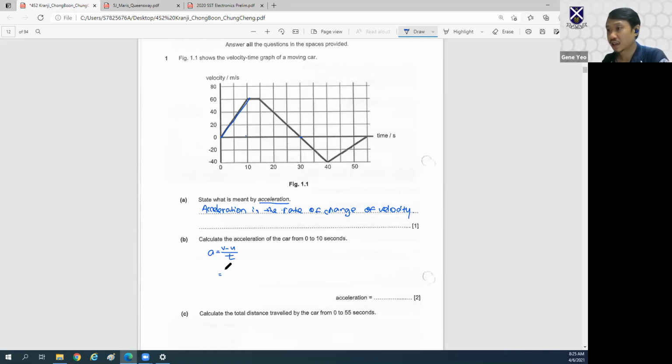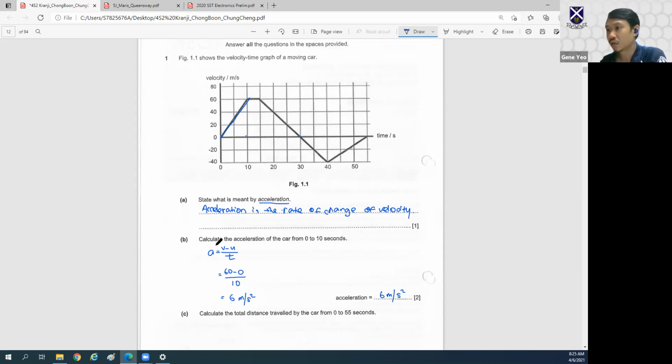Initially, it was at 0. And the time taken is from 0 to 10. So that's going to be 60 over 10. And this gives me 6 meters per second squared. Okay, so write down 6 meters per second squared.